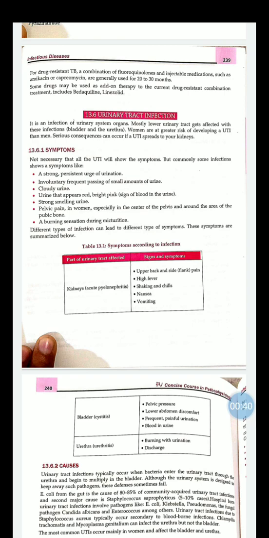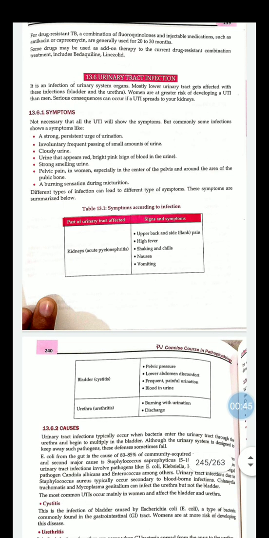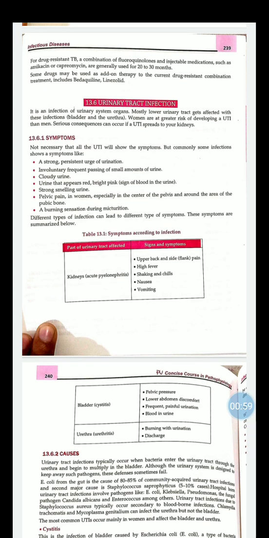Women have a greater risk of urinary tract infection than men. So what is meant by urinary tract infection? It means there is infection to the urinary system or the different organs of the urinary system, basically the lower urinary tract, that is the bladder or urethra.